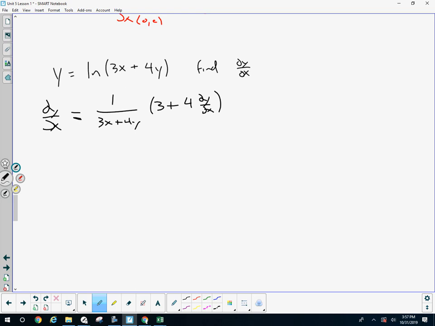Can I just multiply by 3x plus 4y? Nope. Because I got a dy/dx on this side, I got a dy/dx trapped inside. We're back to distributing.